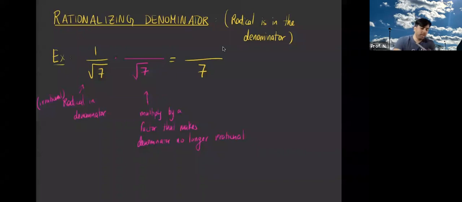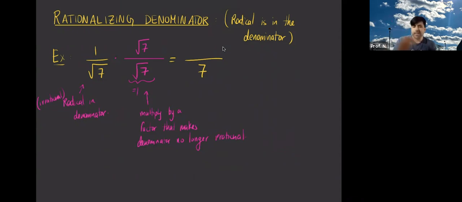But whatever I multiply in the bottom, I must multiply at the top as well, because I am multiplying by 1. This is really equal to 1. So when I multiply anything by 1, I leave it alone. It doesn't do anything to it. I'm not writing a new number. I'm just rewriting or expressing 1 over rad 7 as some other expression.